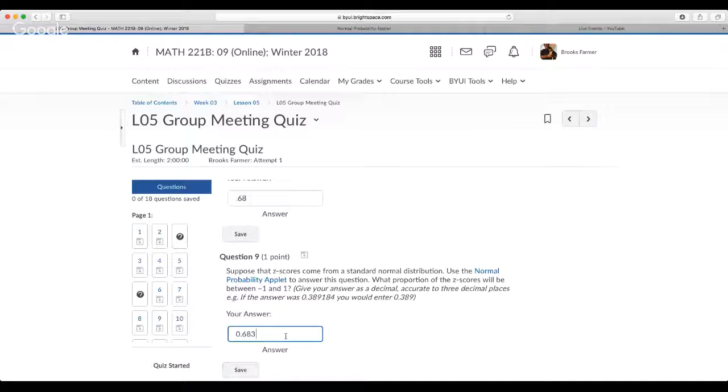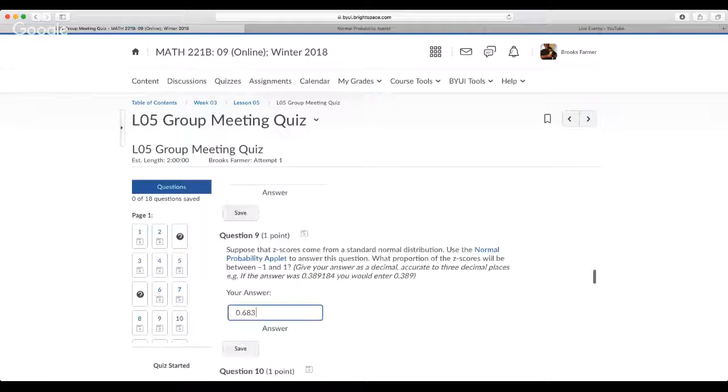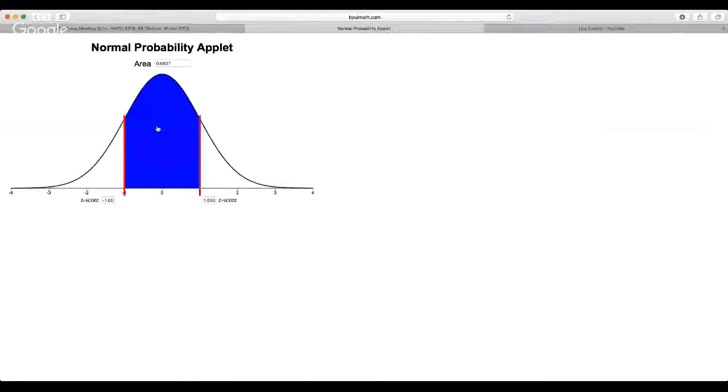The significance of this number is that this is the 68 rule. Everything right here is within 1 standard deviation. If it's the standard number, 1 and -1, that is 68. That's where they get the rule from.